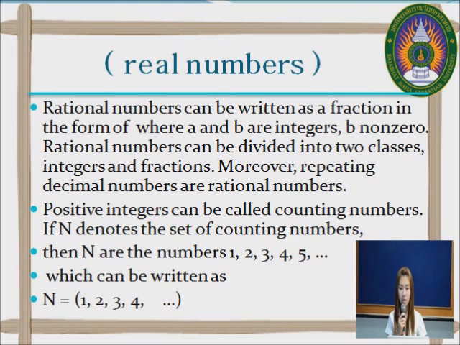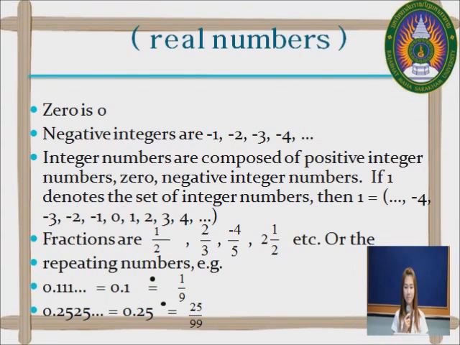If N denotes the set of counting numbers, then N is the numbers 1, 2, 3, 4, 5, which can be written as N equals {1, 2, 3, 4, ...}. Zero is 0. Negative integers are -1, -2, -3, -4.